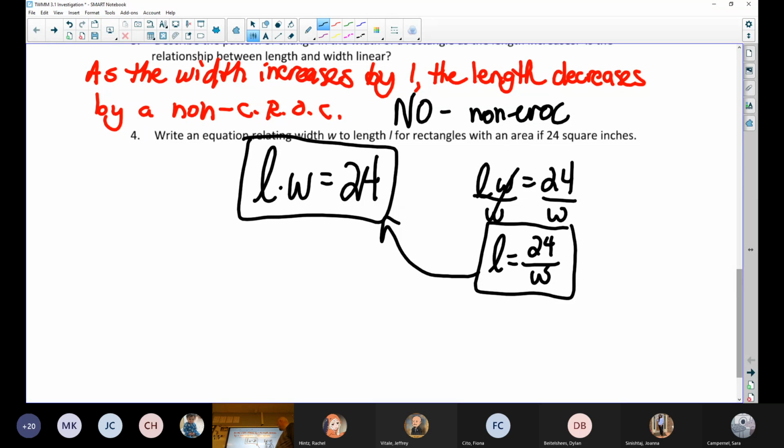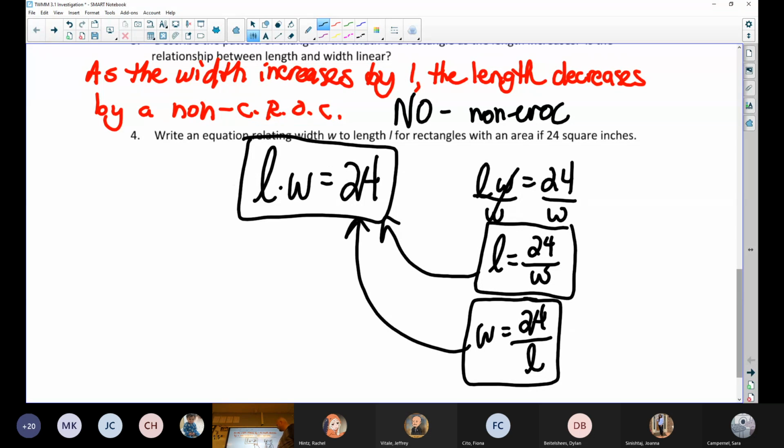And if we wanted to solve for the width instead of length, it would be the same thing. It would just be this. And again, you could still get the same answers as you would over here. Okay? Because that's what we did. Some of you were taking 24 and dividing it by the width to get your answer. Some of you were thinking, okay, what times 1 gives me 24?